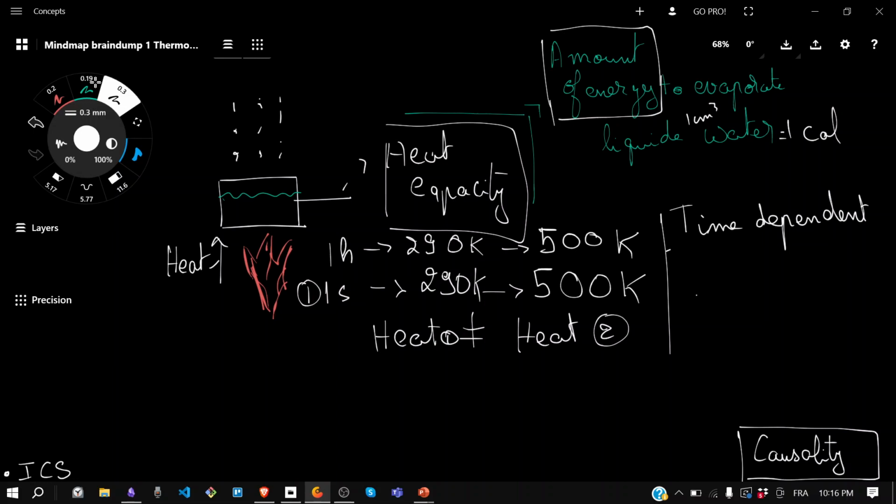Okay, well, we know this is a volume, and volume depends on pressure, so I'm gonna look at mass, which is not dependent on anything else. I think it's 1 gram of liquid water. We evaporate that, we get 1 calorie.